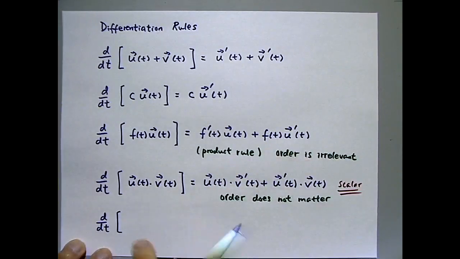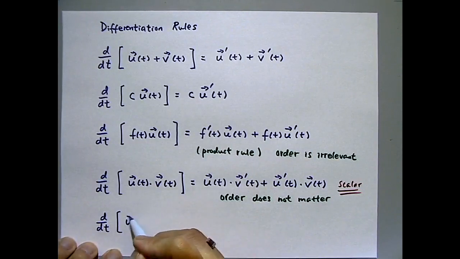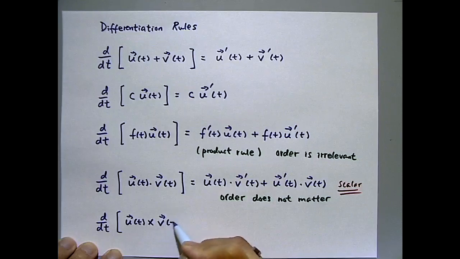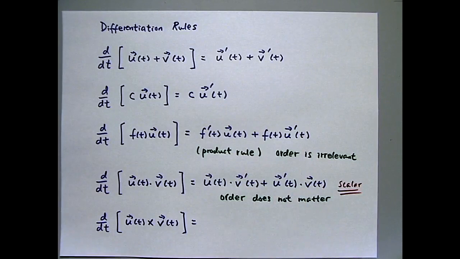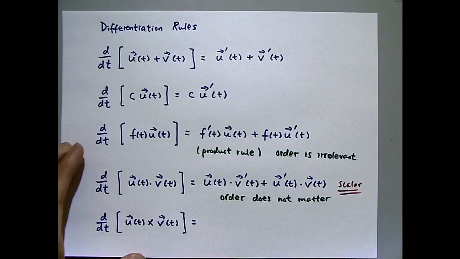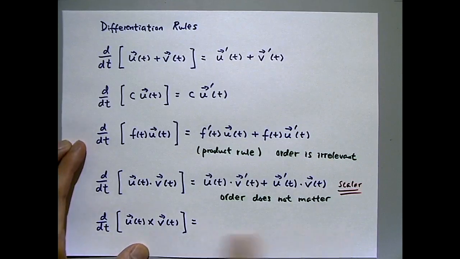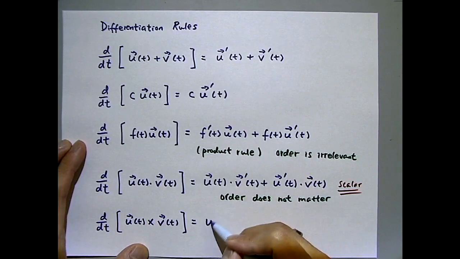In this case here, the cross product, the order is important. You know that u cross v and v cross u are not the same thing. One is the negative of the other. And in this case, we have to take the derivative in the right order here.